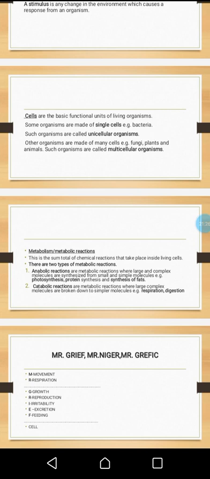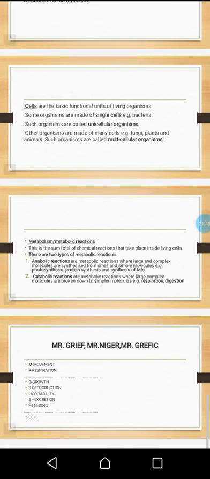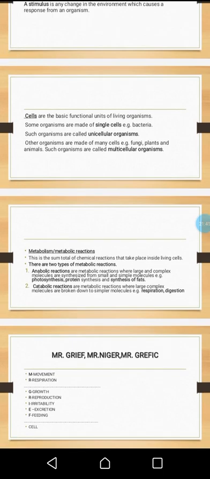One, anabolic reactions. Anabolic reactions are metabolic reactions where large complex molecules are made, synthesized, from small and simple molecules, e.g. photosynthesis. In photosynthesis, plants make use of carbon dioxide, which is a simple molecule, and water, also a simple molecule, to produce carbohydrates.